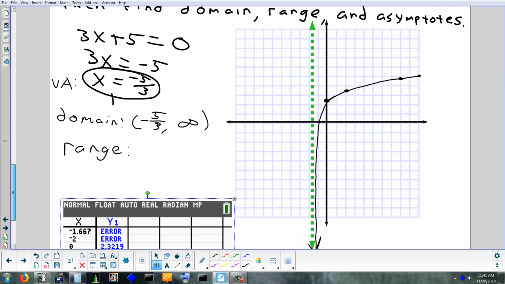And the range is the same for every log function that we study, no matter what. What's my range? Yep. Negative infinity to infinity. They all go down forever, they all go up forever. It's important for the test to remember that the basic log function always curves up and to the right.